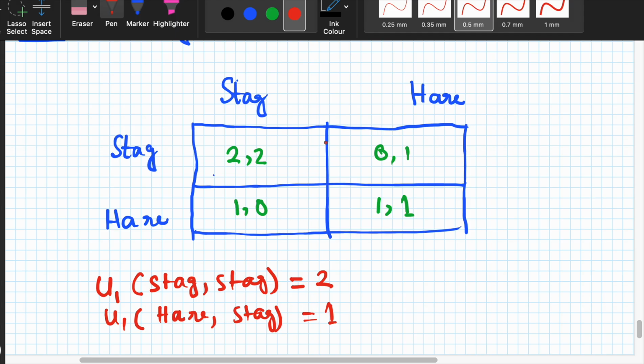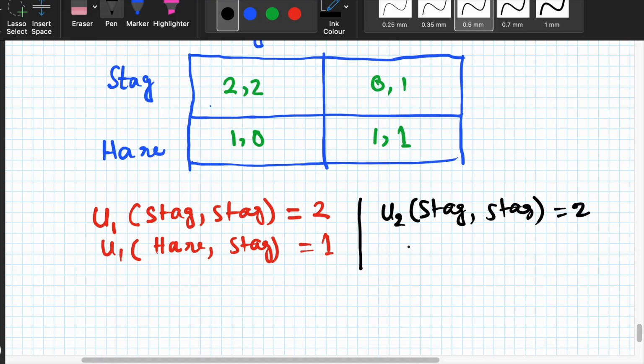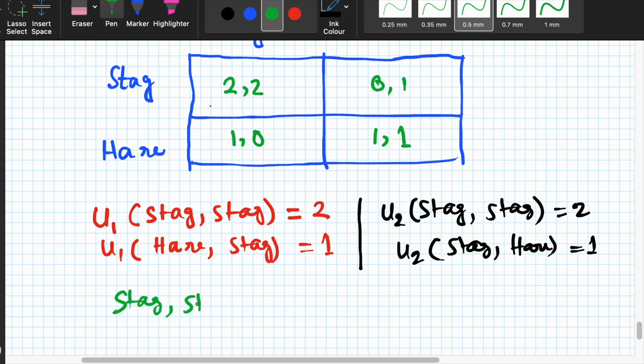So there is no incentive for player 1 to change her strategy unilaterally in this situation. And also for player 2, stag will give him 2 and hare will give him 1. So there is no incentive to change her strategy unilaterally from stag to hare from this prescribed situation. So this stag, stag action profile is a Nash equilibrium.